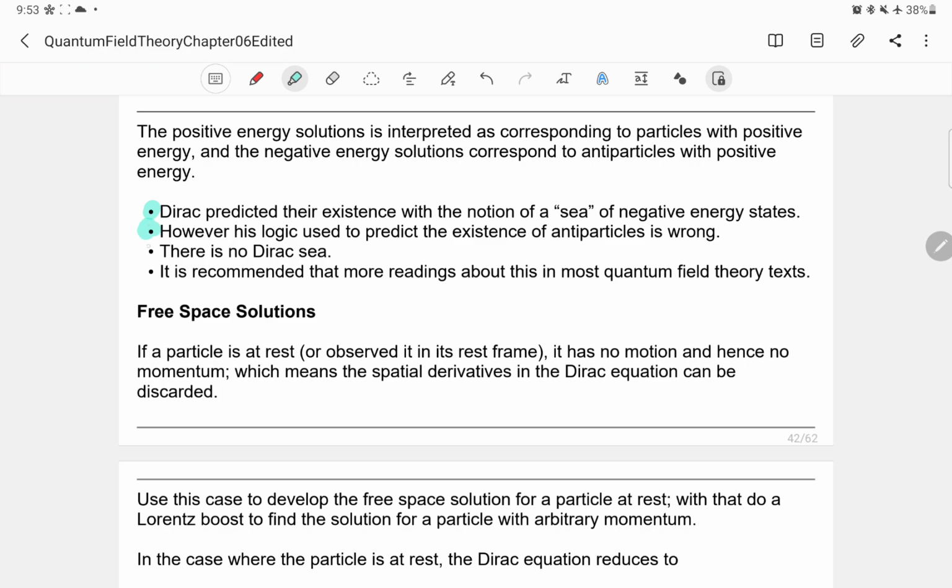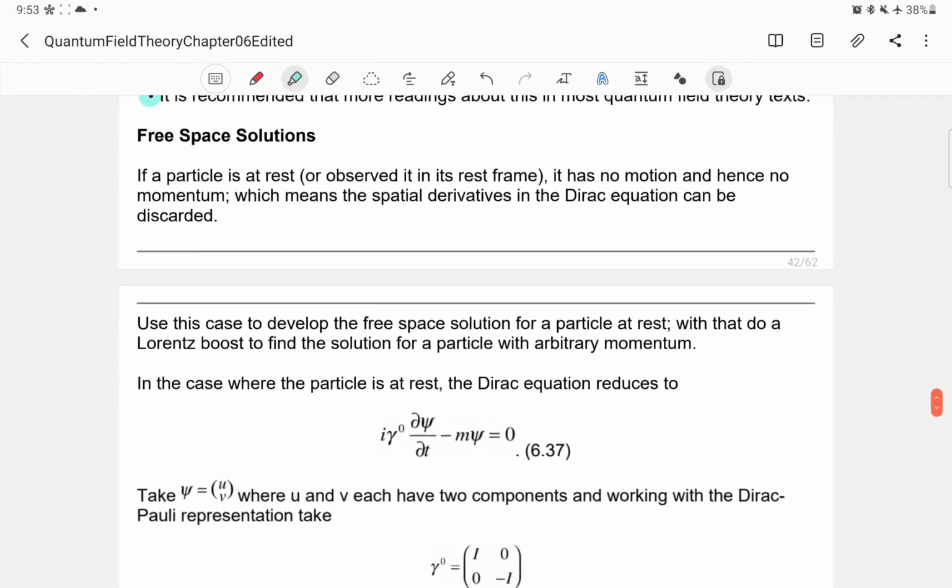There is no Dirac sea. It is recommended to read more about this in most quantum field theory texts. So, having dealt with solutions of the Dirac equation, we'll now go to the free space solution.